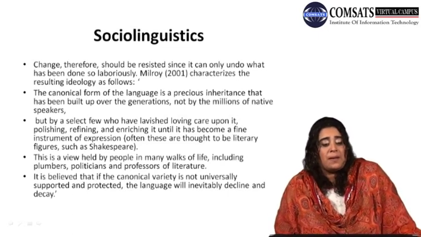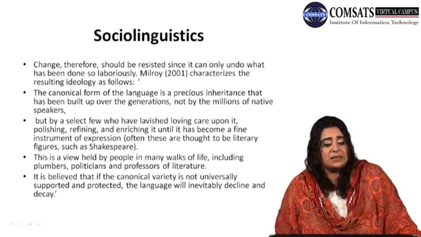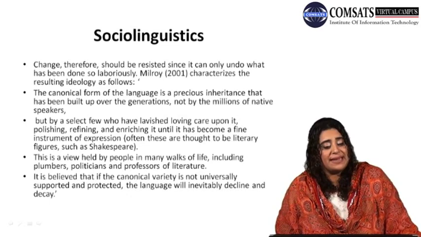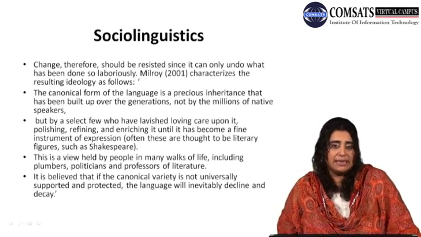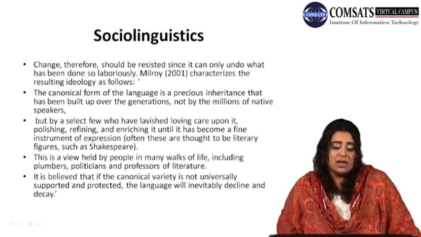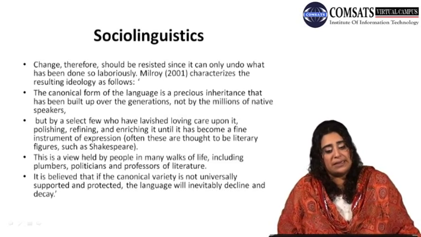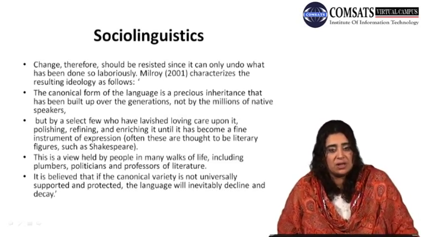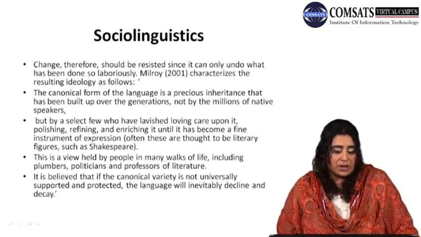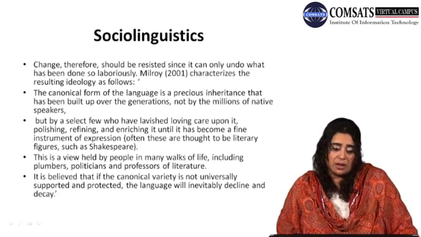Now, we would say that by selecting an expression of a language, or polishing, refining, or enriching that language, it has become a fine instrument of expression. Often these are thought to be literary figures such as Shakespeare. So Shakespeare would be a literary figure who polished, refined, and enriched a certain amount of the language and then produced it in his literary works.